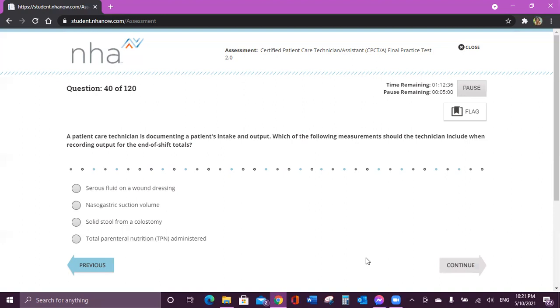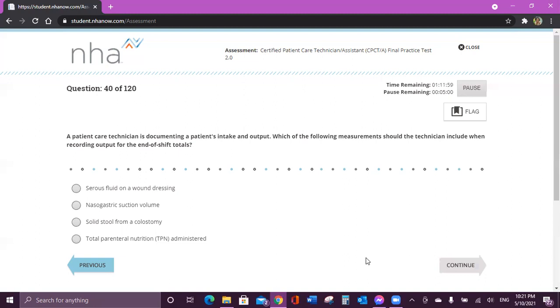A patient care technician is documenting a patient's intake and output. Which of the following measurements should the technician include when recording output for the end of the shift total?